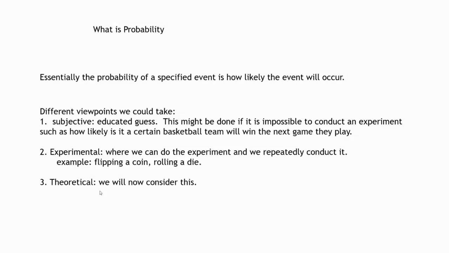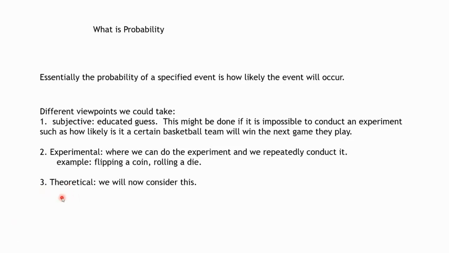How likely are you to earn $1 billion in your life? Things like that have to do with probability. We're using math to calculate how likely something is going to happen. There are actually different viewpoints. I wrote it here. What we're mostly going to focus on is the bottom one, the theoretical.